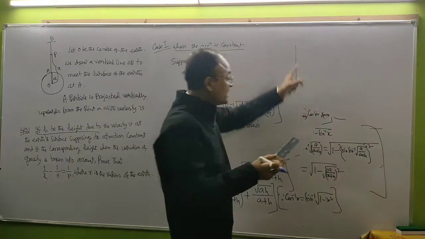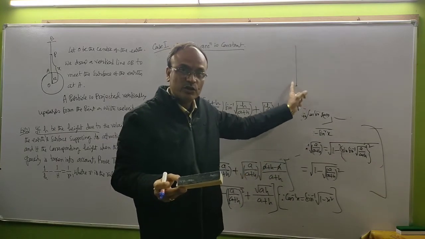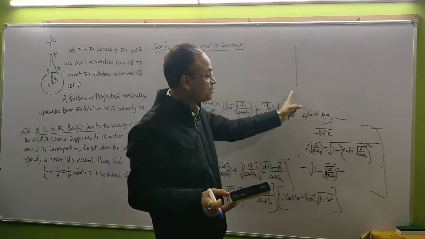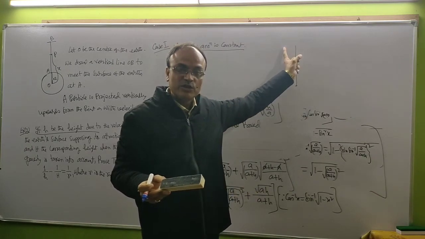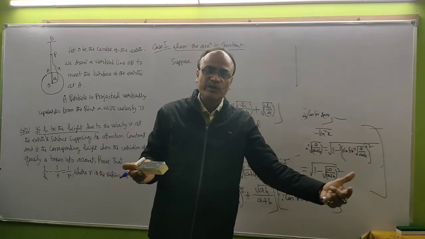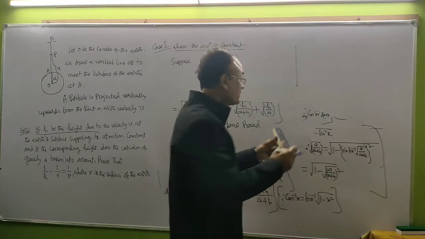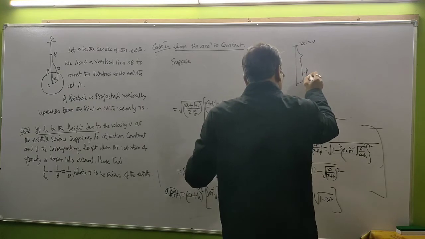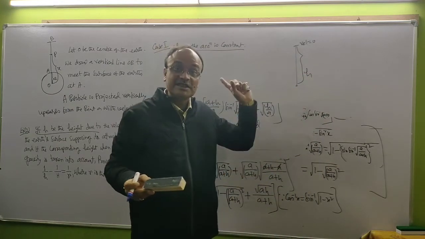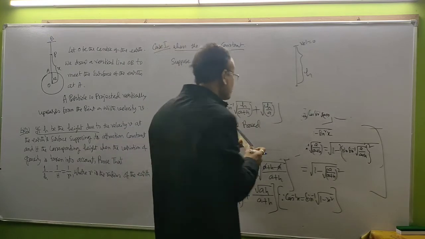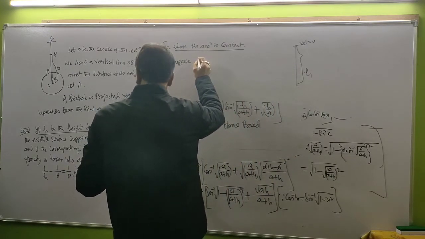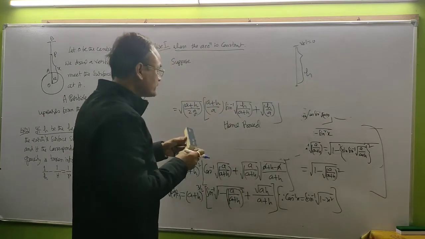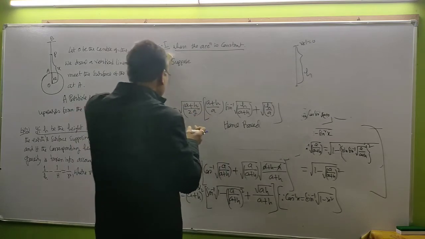Its velocity will be decreasing, because the particle is moving under gravity and it is moving upwards. At a time, its velocity will be equal to 0. At that time the distance covered by the particle is h. It is given in the question. When velocity becomes 0, it covers a distance h.